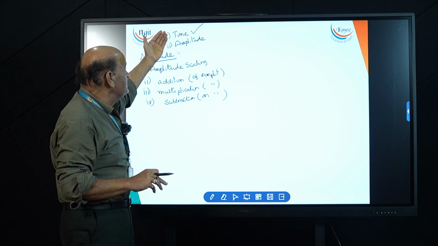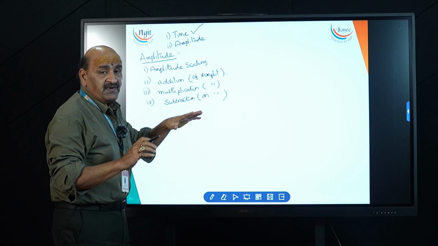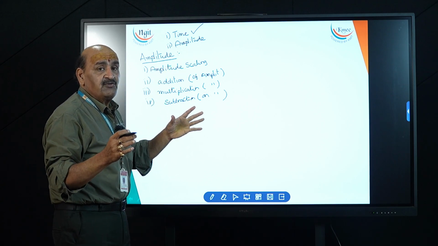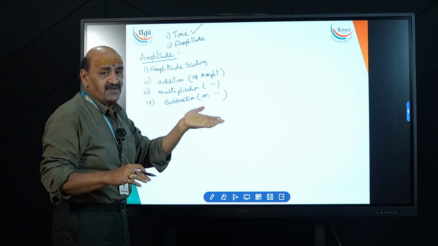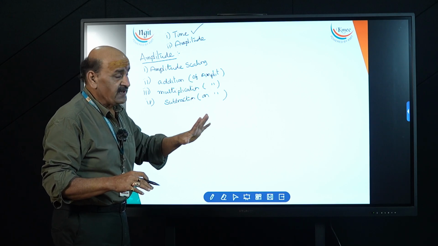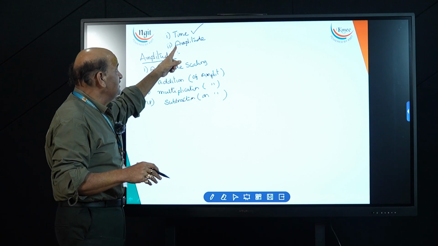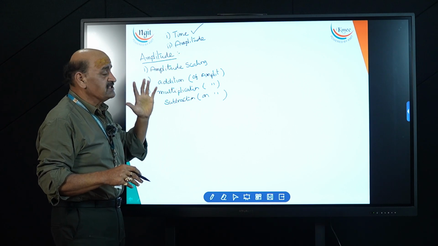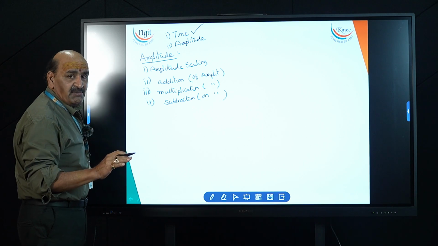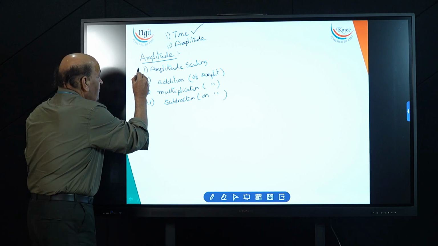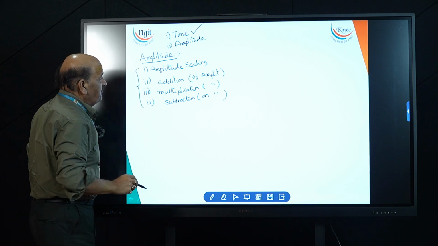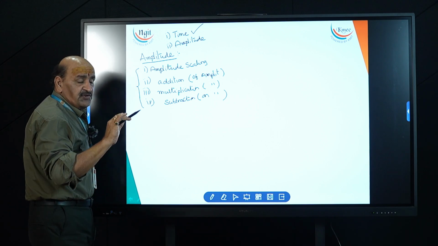In the previous sessions, we already discussed what kind of operations we can make on both continuous and discrete time signals. That is over. Now we are going to start operations on signals with respect to the amplitude parameter. Under this amplitude parameter, there are four operations. The first one is called amplitude scaling.